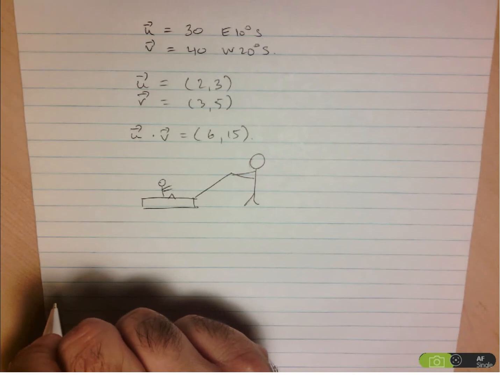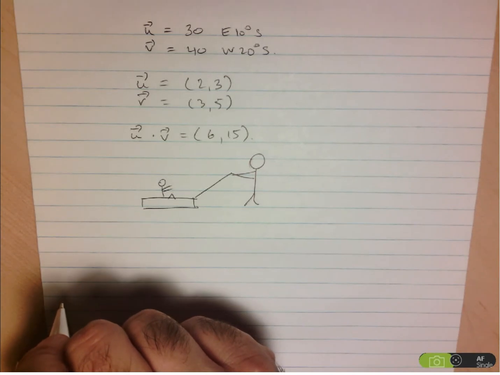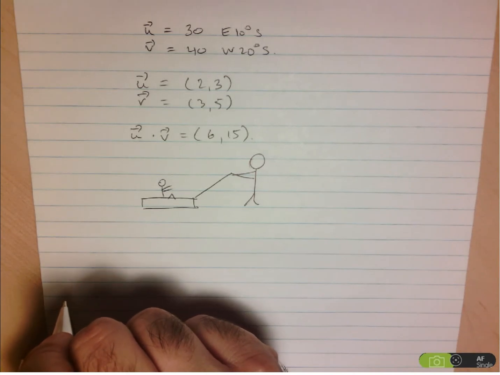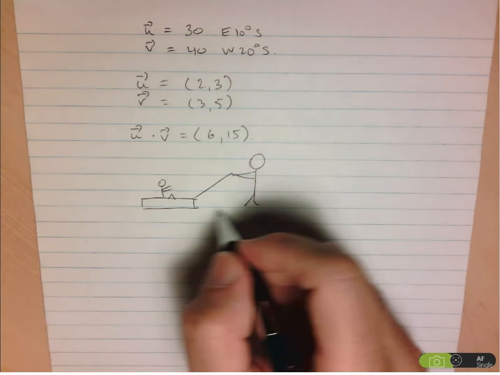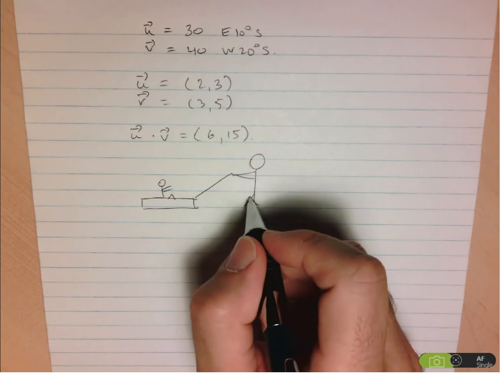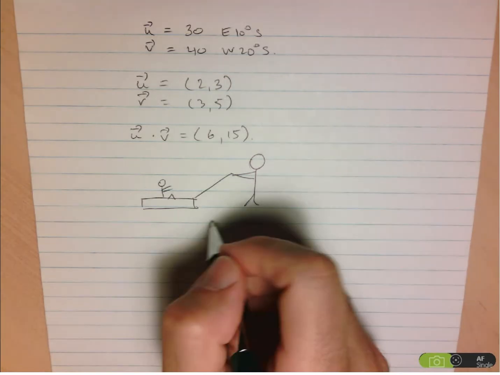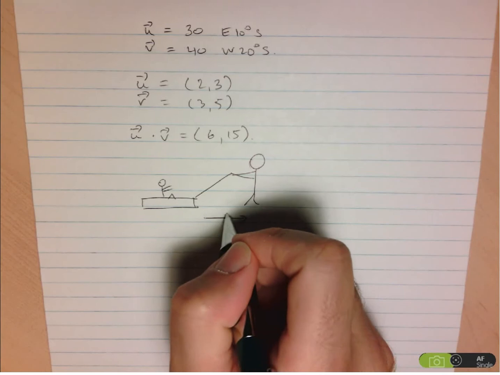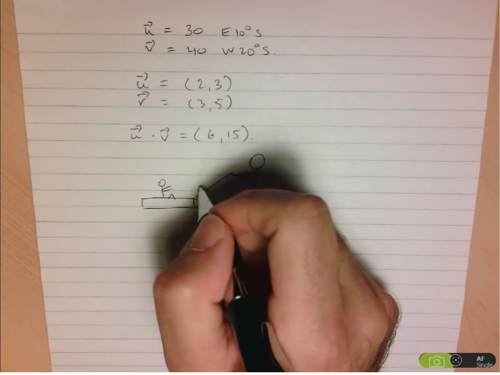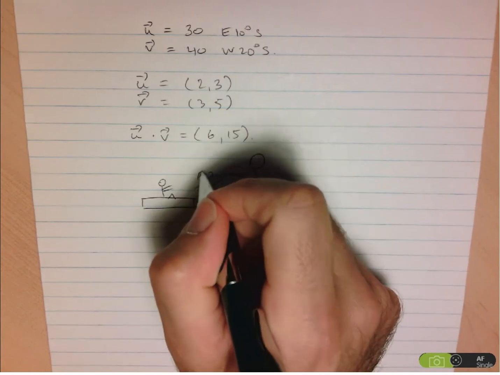And I want you to consider the concept of work. You know that work is given by the force in the direction of motion times the distance. Now here, this is a 2D problem because the direction of motion is here, whereas the force is being applied upwards. So we have a displacement vector, and we have a force vector up here.